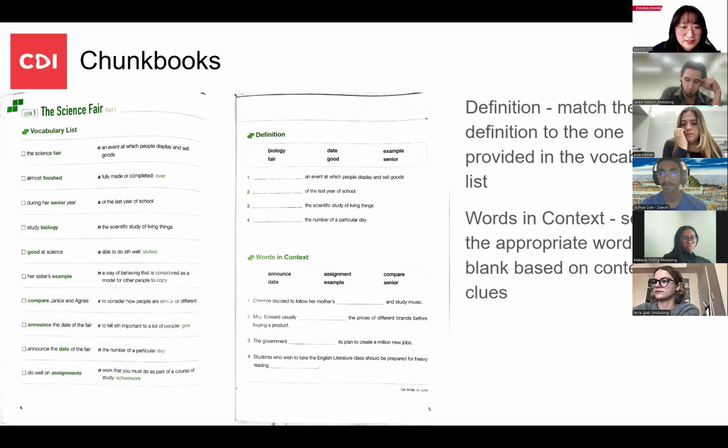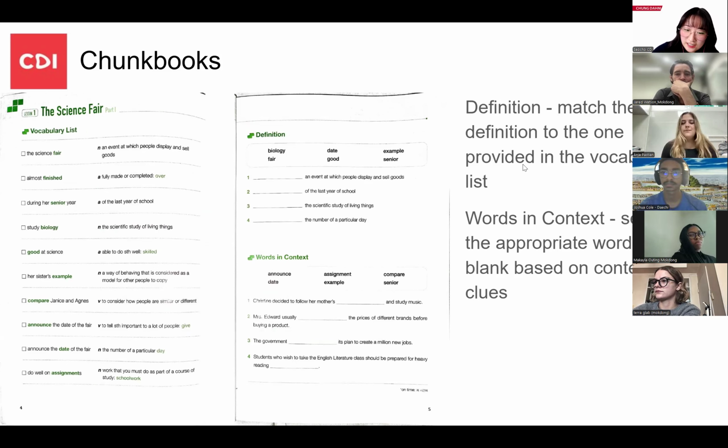Okay, so the first two pages, you can see on the left side here, there's a vocabulary list. The vocabulary word is the one that you see bolded in green. And then there's a definition on the right side of that page. Also on the right page, there are two activities. One is definition, pretty straightforward. You just match the definition to the vocabulary word provided.